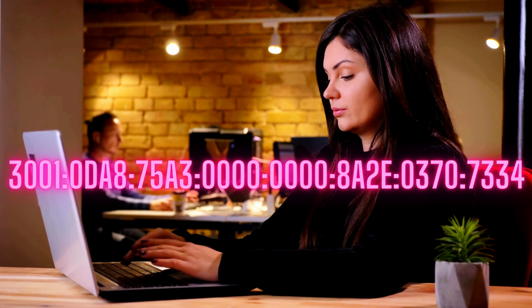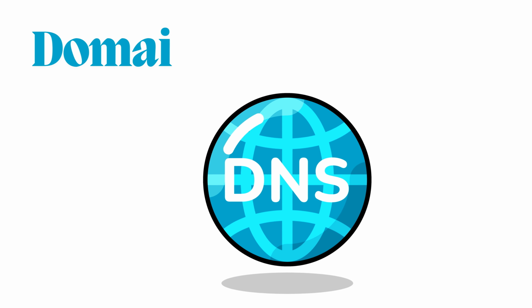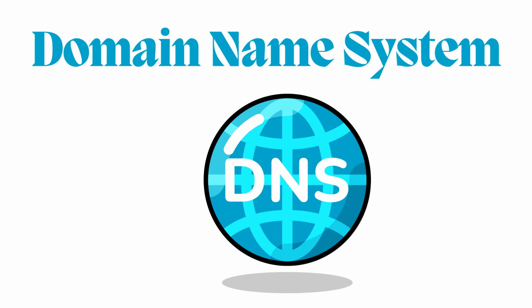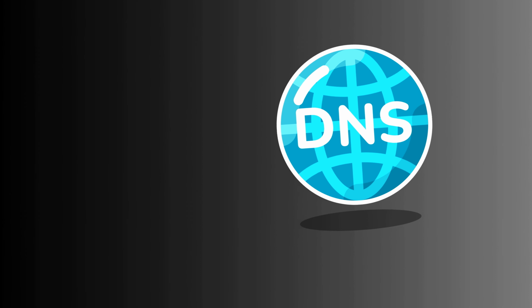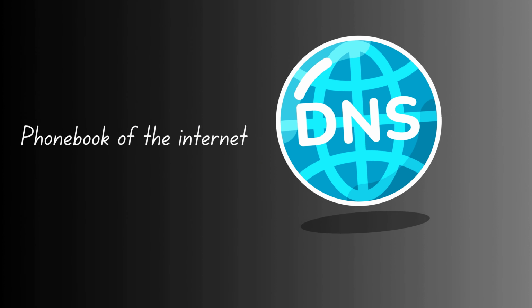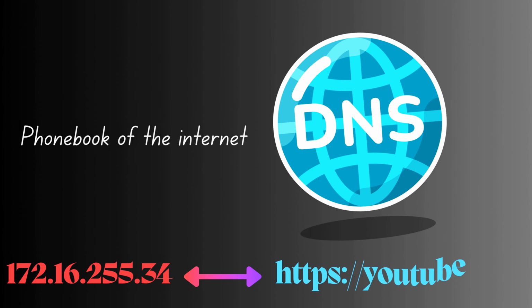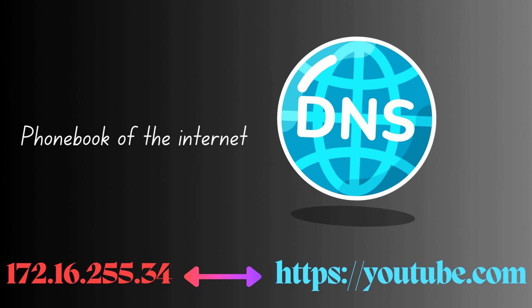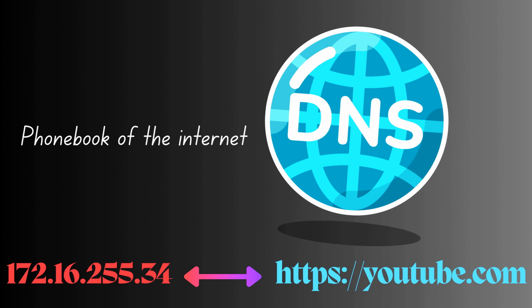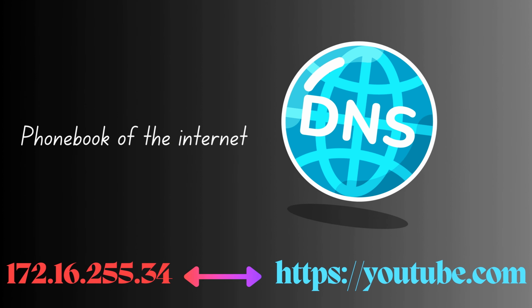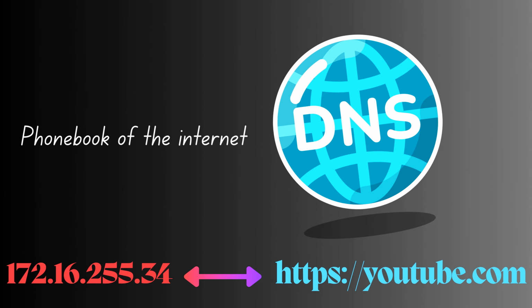It's simply not feasible to memorize all the IP addresses of every website that exists, and that is the problem that the domain name system, or DNS for short, has come to solve. Think of the domain name system as the phone book of the internet. The same way a phone book maps a phone number to the name of the person, DNS maps a domain name to the IP address of the server. This eliminates the need for humans to have to memorize this complex string of numbers called IP addresses.